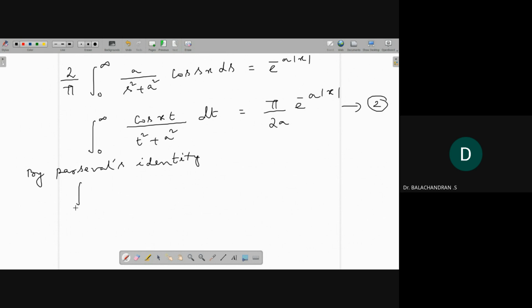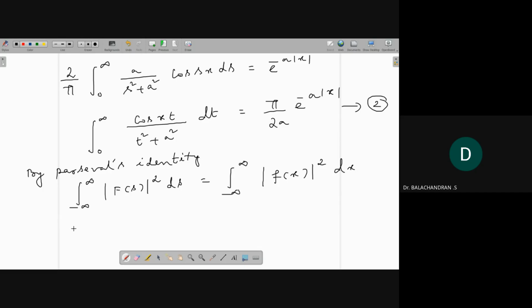The integral from minus infinity to plus infinity of modulus of f of s whole square into ds is equal to the integral from minus infinity to plus infinity of modulus of f of x whole square into dx.